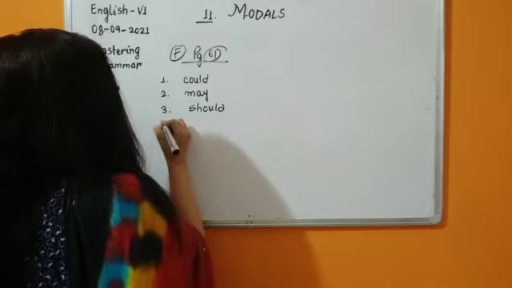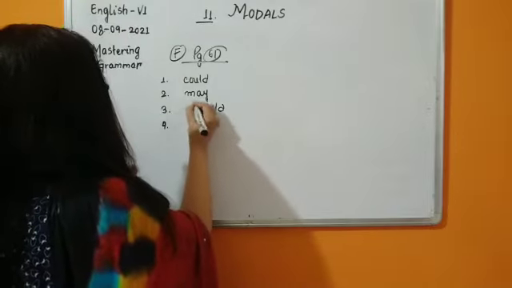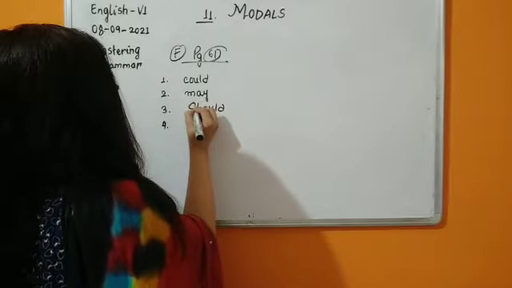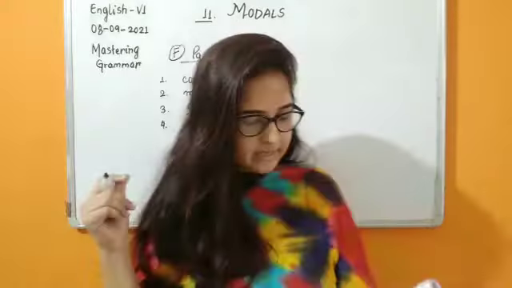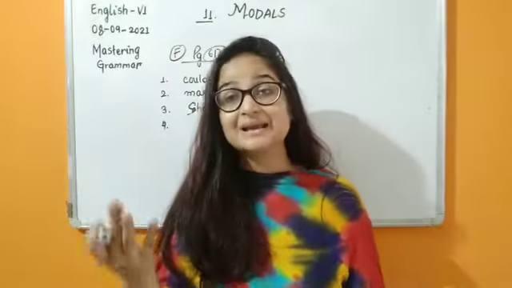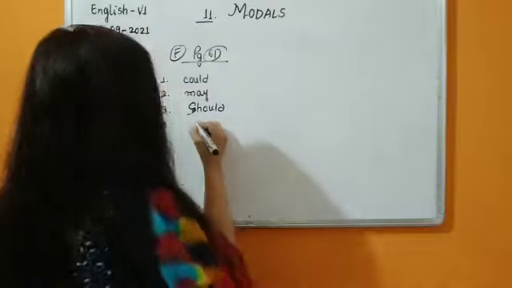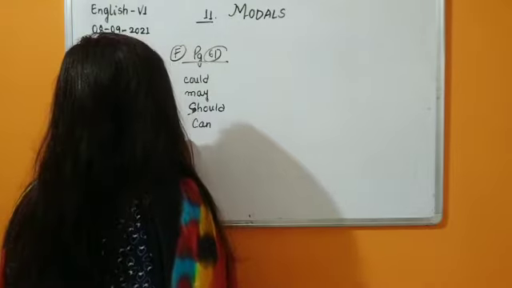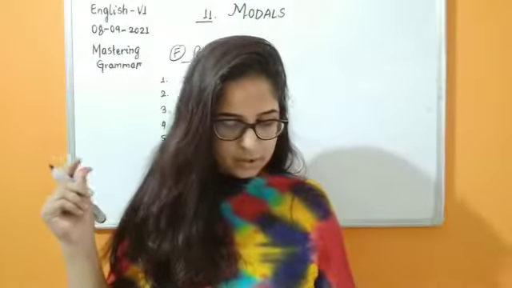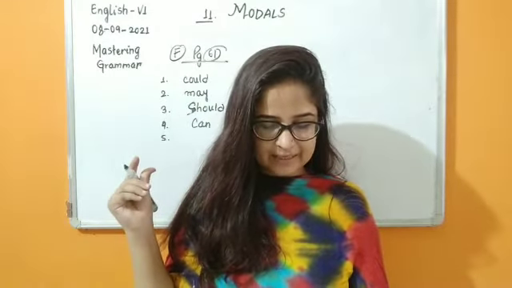Number 4. It will be in capital because it's in the beginning. Dash I borrow your pen? Can I borrow your pen? Okay, you are asking permission. Number 5. You seem to have lost your way.